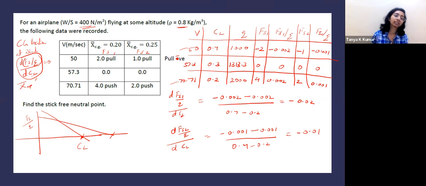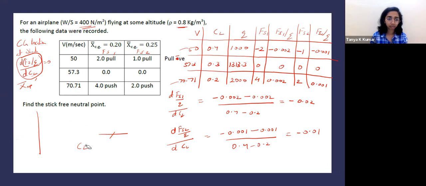So neutral point is the CG location where dFS by Q by dCL becomes 0. You have all the data you need. You just need to formulate. It's a graph. Just try to think about it. The x-axis and y-axis are not these. What would it be?